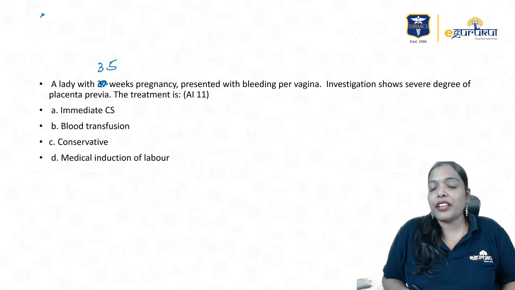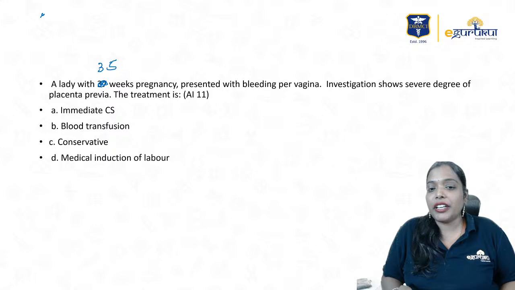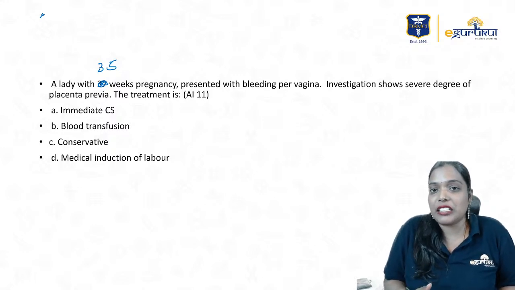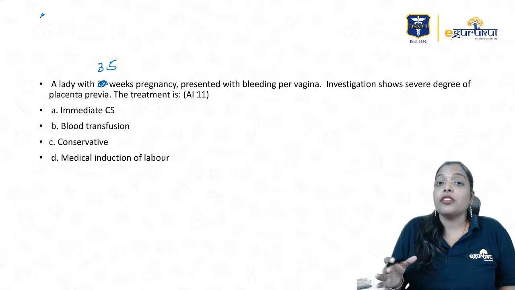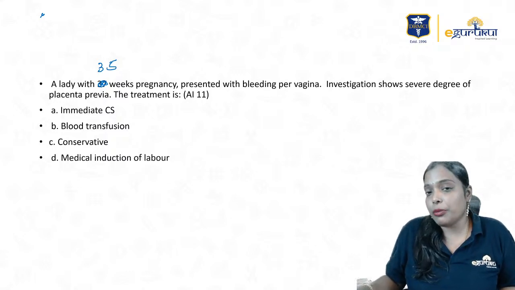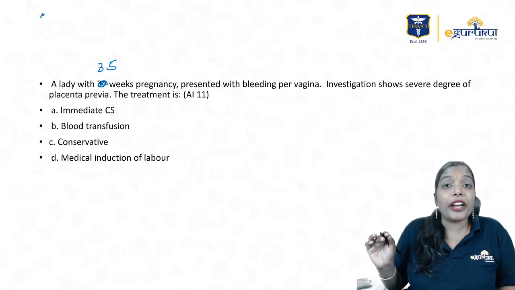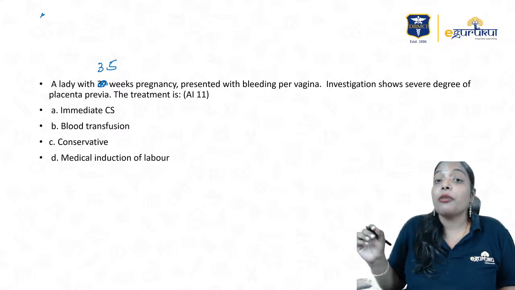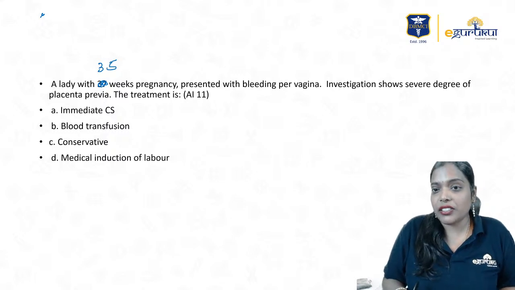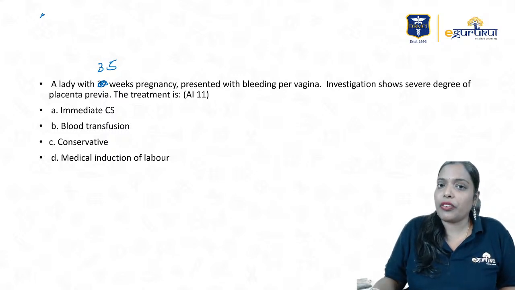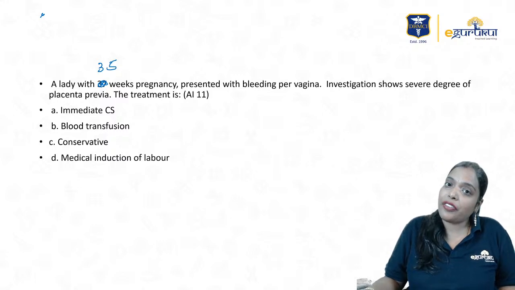As she has not crossed 37 weeks, and has just presented with bleeding, but the mother is not hemodynamically unstable and there is no fetal distress, I would like to wait on her. Even with total placenta previa or type 4, you can wait.